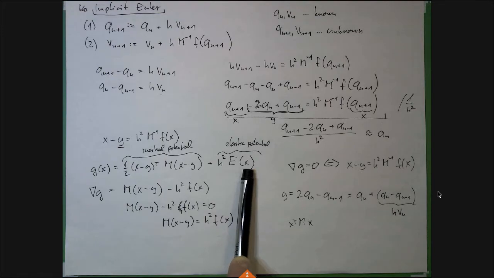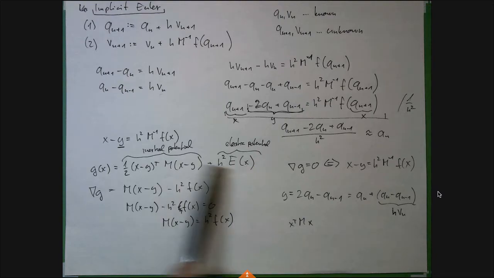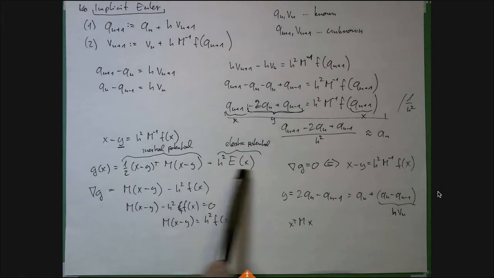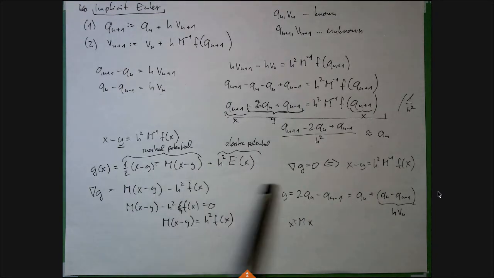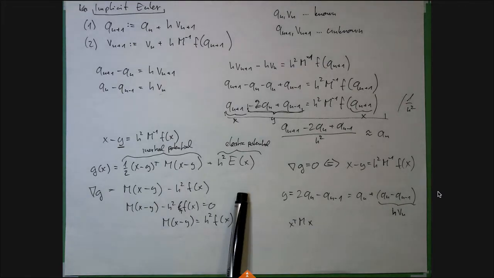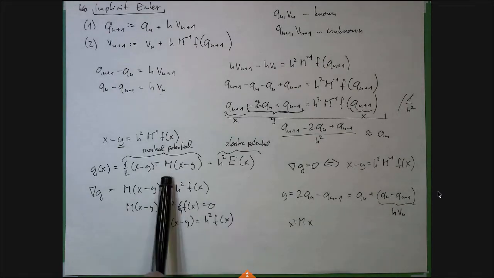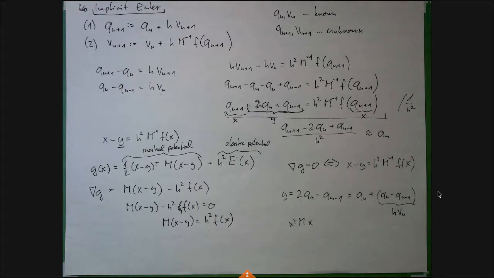This is the beautiful intuition I would like to convey here: minimizing this essentially means looking for the x that makes the sum of these two terms as low as possible, okay? So the one term says, you should be following the motion that the object had. You should not deviate from the previous velocity too much, because due to inertia, the object wants to go in the direction where it was going before, right?